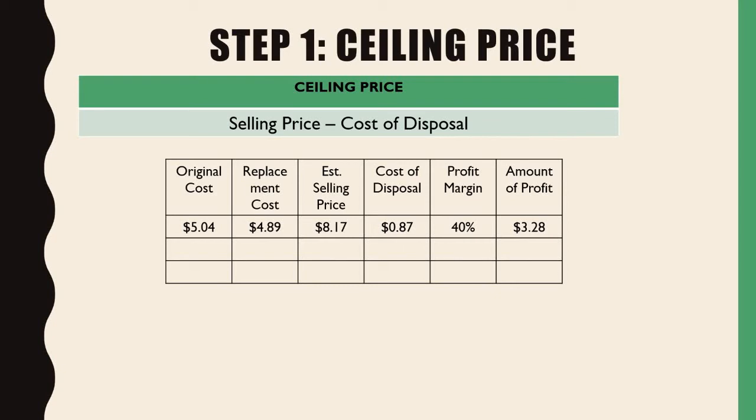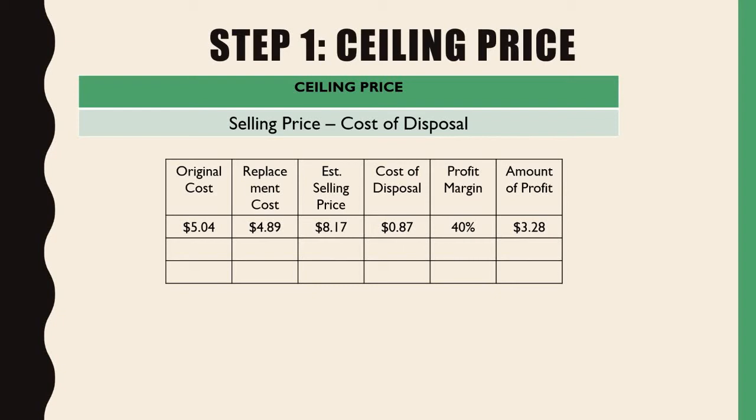And of course, if I don't sell that item, what is it going to cost me to dispose of the item? 87 cents, okay, to dispose of the item, to either get rid of it, sell it at a lower price, or even throw it in the trash. What is it going to cost me to get rid of the items or to repurchase these items in case someone wants to buy all of them out?